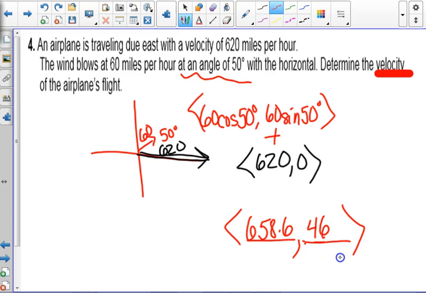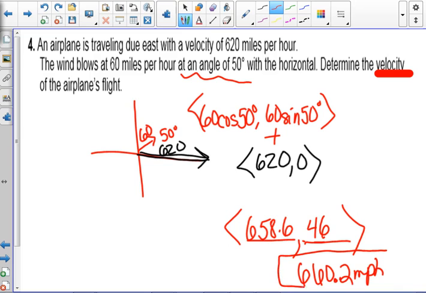Pythagorean theorem. That's it. Does it make sense? The plane was going 620, but the wind is pushing it, kind of, isn't it, here?